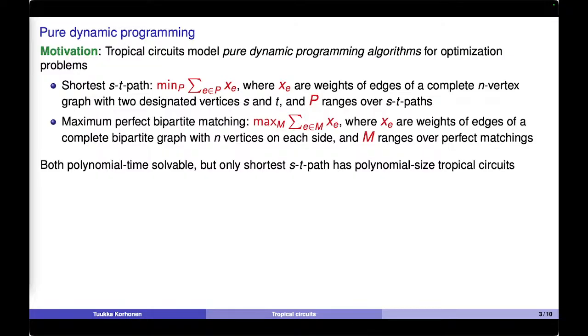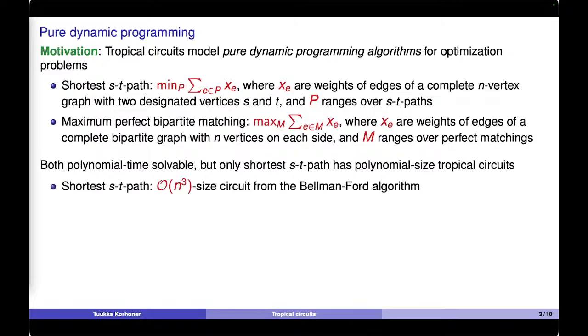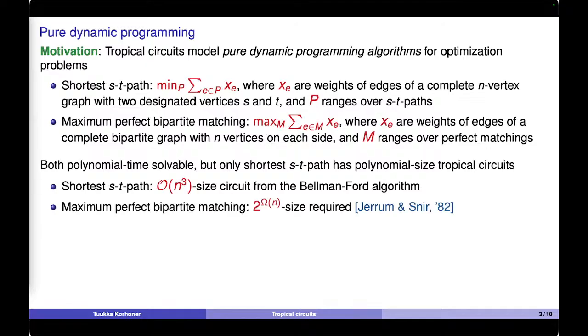So this is kind of a circular definition. For shortest s-t path, we have polynomial size circuits from the Bellman-Ford algorithm, and for maximum perfect bipartite matching, already Jerome and Schneer proved that you need exponential tropical circuits.